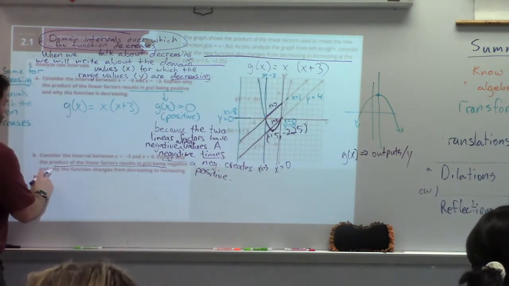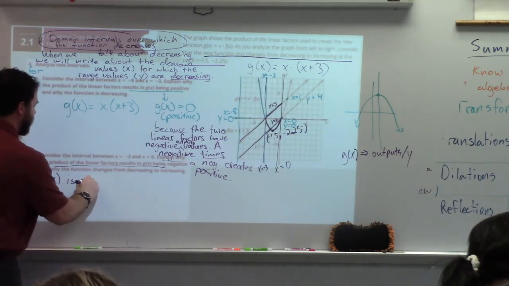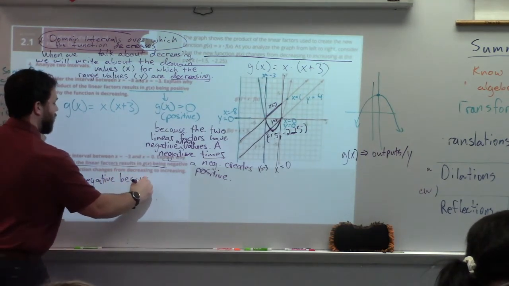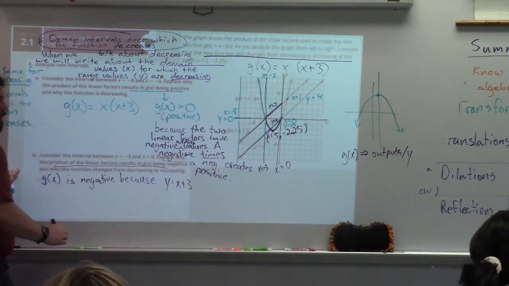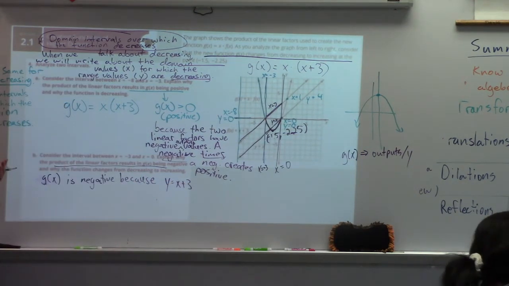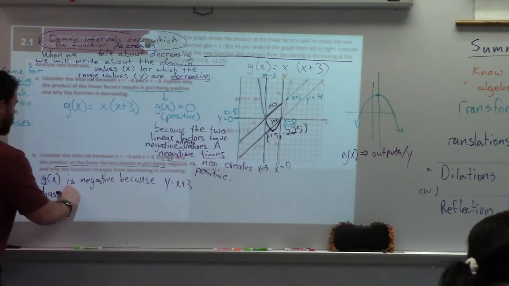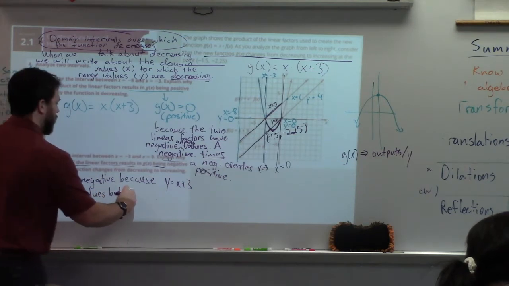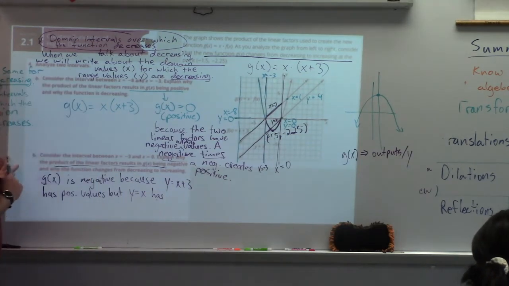So g of x is negative because y equals x plus 3 is what? Positive. Okay, y equals x plus 3 has positive values, but y equals x has negative values, right?